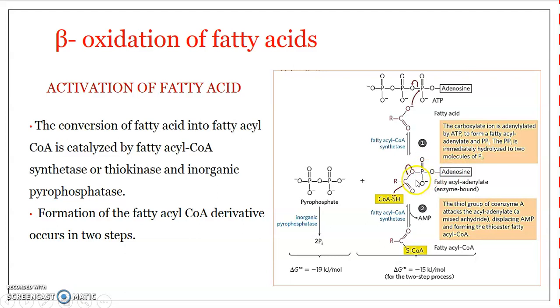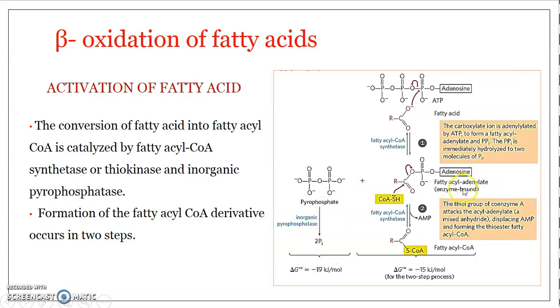During this process, pyrophosphate is released. There is a break over here, and it is released as pyrophosphate. So the carboxylate unit gets adenylated to form fatty acyl adenylate, and during this process pyrophosphate is released, and this pyrophosphate is immediately hydrolyzed to produce two inorganic phosphates.